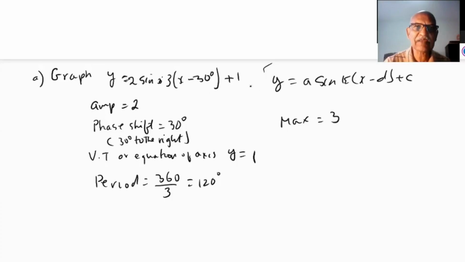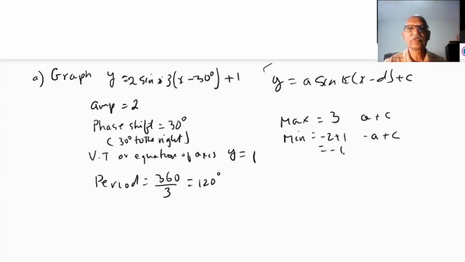The minimum, if y is only sine x, would be negative 2, so negative 2 plus 1, which is negative 1. The minimum is negative a plus c. Once we have the maximum and the minimum, we can sketch the graph.